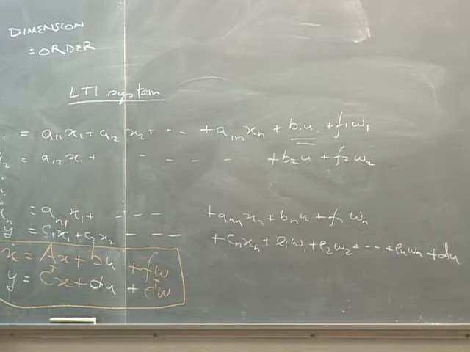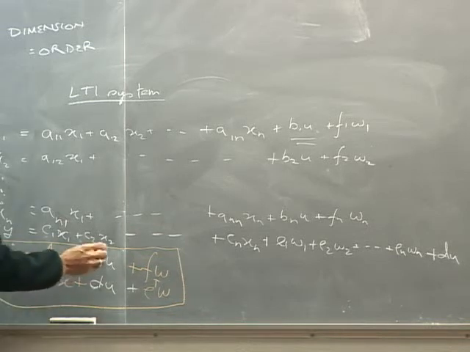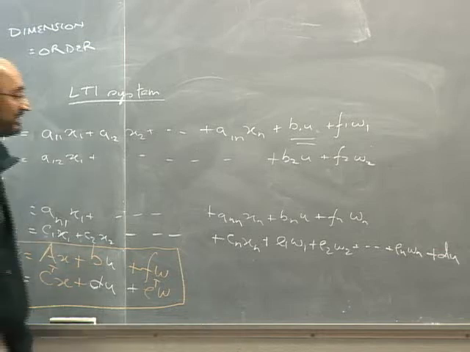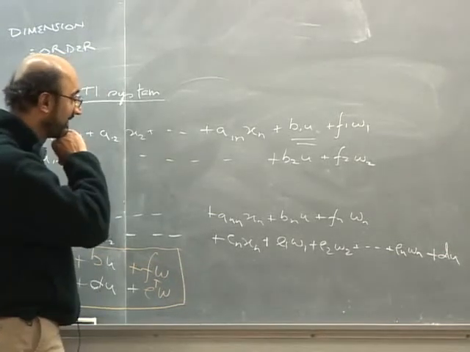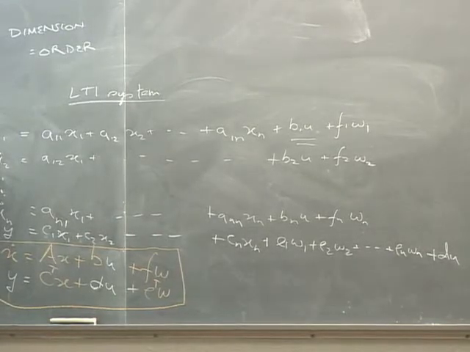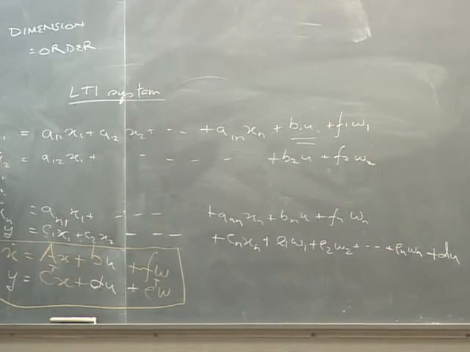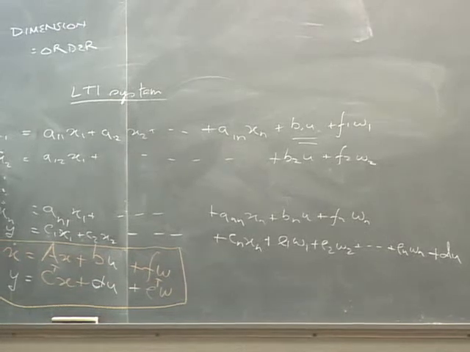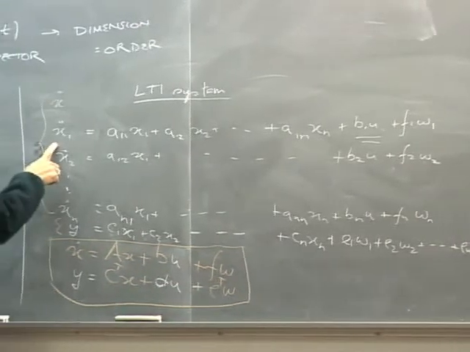So w would be a column vector, and to be consistent, f should be a column too.